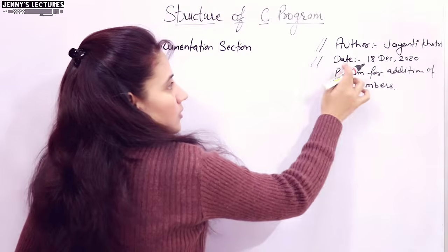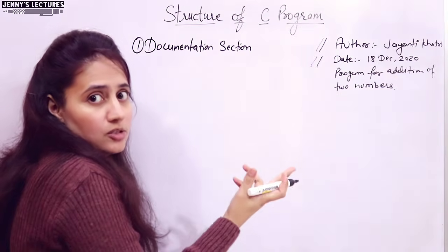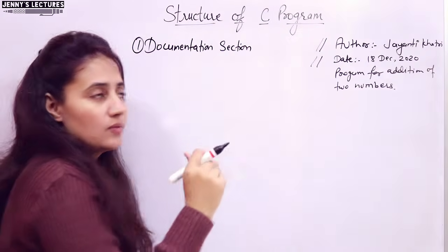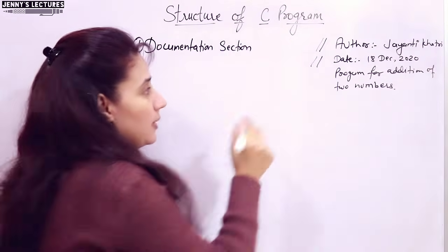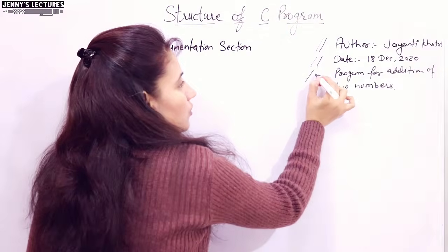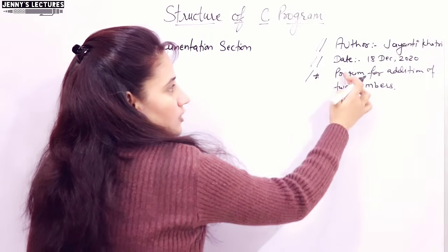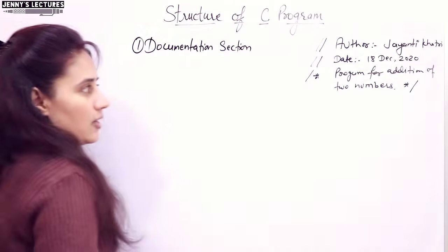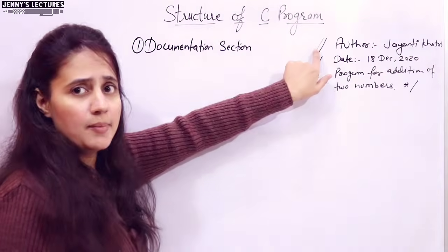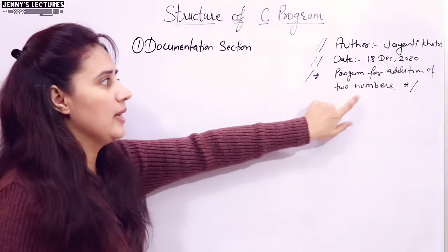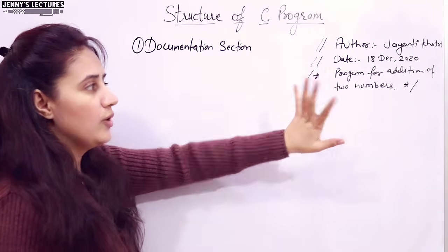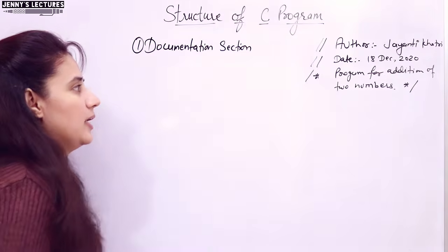And if you want to comment multiple lines, there is also a multiple line comment. Here you write /* and then at the end an asterisk and /. This is a single line comment, this is a multiple line comment. So whatever comment you want to include, you can include either a single line comment or a multiple line comment.